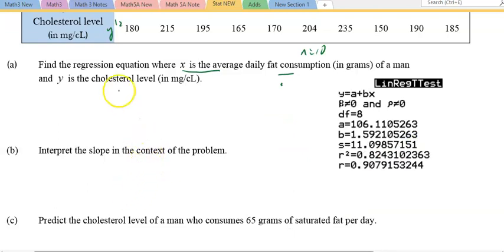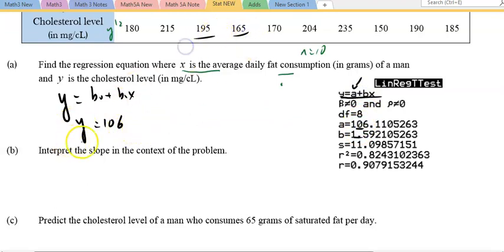Here we have, find the regression equation. The regression equation is y equals, and they like to write it as b sub 0 plus b sub 1 x, something like that. Well, there it is. A is 106.11.